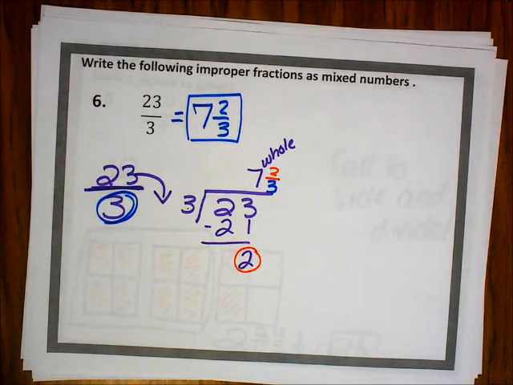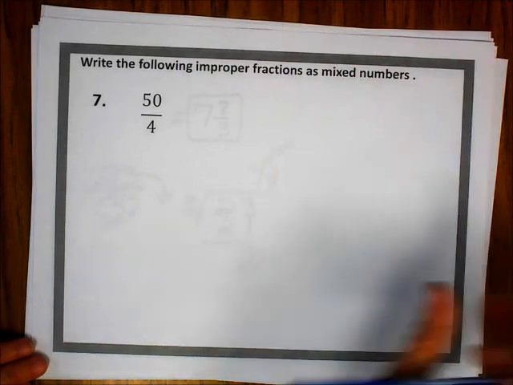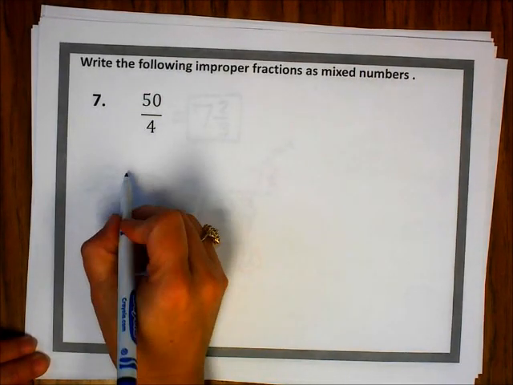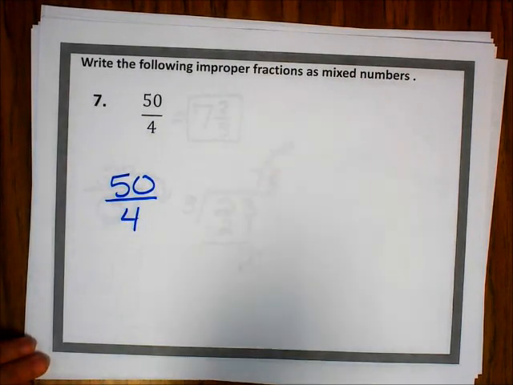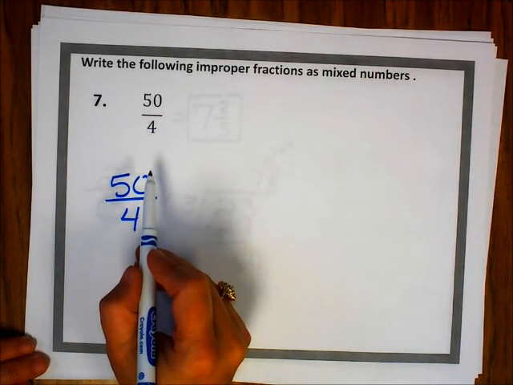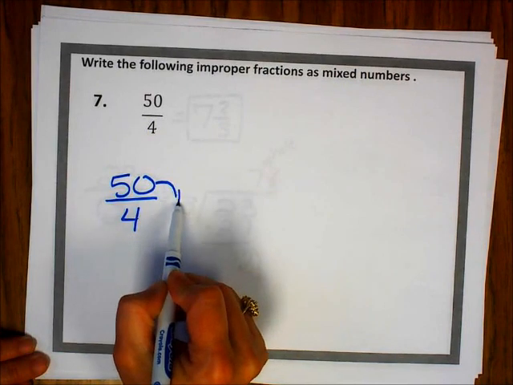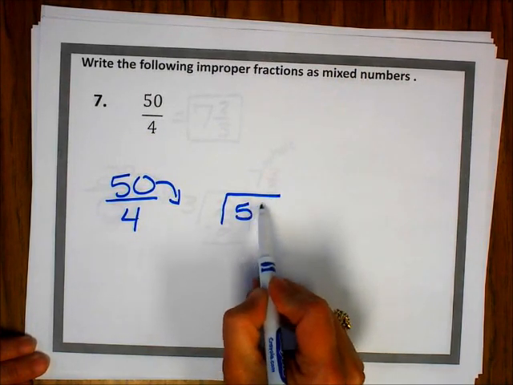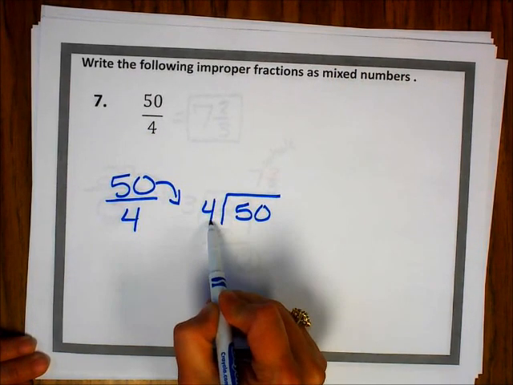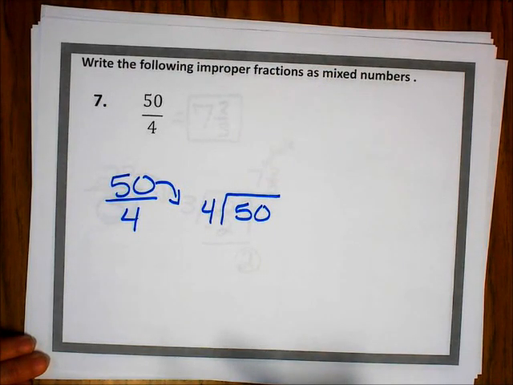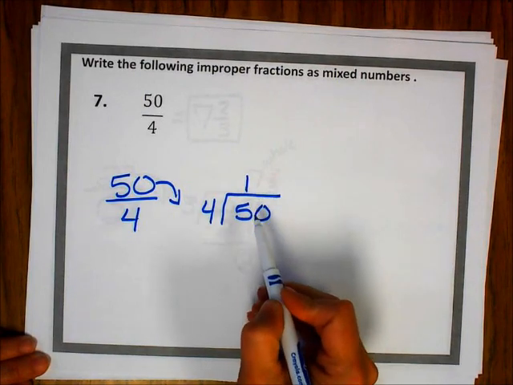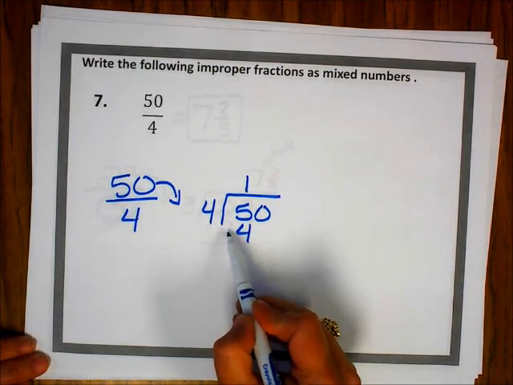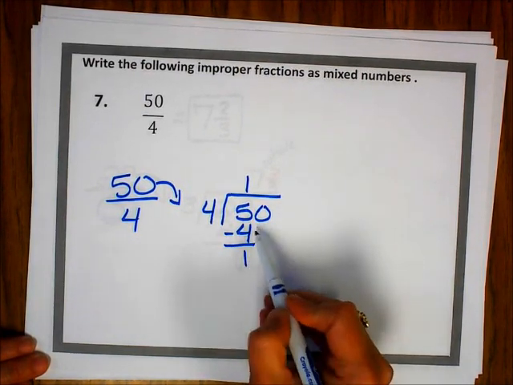Let's try another one together. Number 7, 50 fourths. Remember that my top number or my numerator is going to dive into the pool. My denominator stays on the outside. And now let's divide. 4 divides into 5 one time. 1 times 4 is 4, with 1 left over.